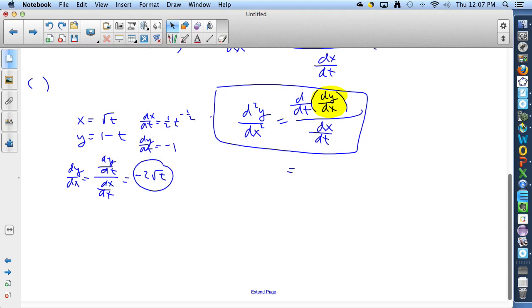Negative t to the negative 1/2. The exponent is 1/2, so it's negative 1 t to the negative 1/2. Can I leave it like that for now? We can switch it in a second, but right now, all of that over dx over dt. Well, I already found what dx over dt is.